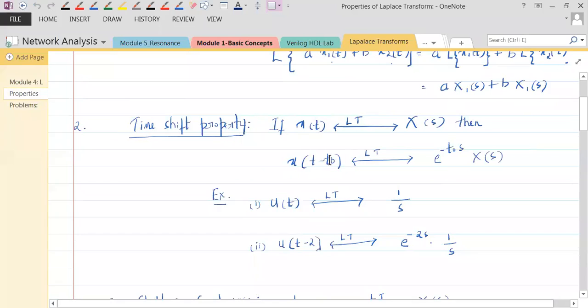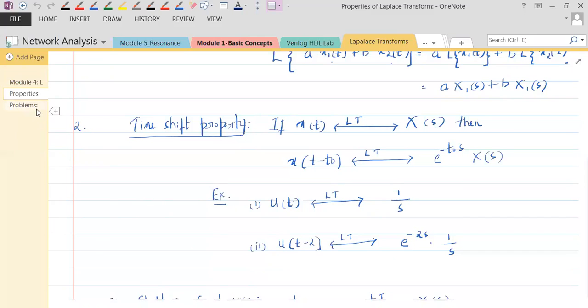If you have a shift minus t naught, that needs to be represented in the Laplace domain as e power minus t naught s, x of s. See here, this example: Laplace transform of u of t minus 2 is Laplace transform of u of t accompanied by e power minus 2s, because minus 2 is the shift here. Is that okay with you?